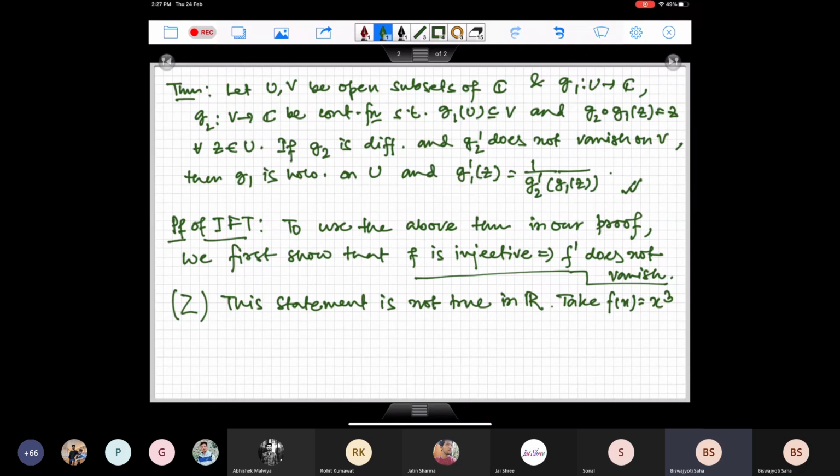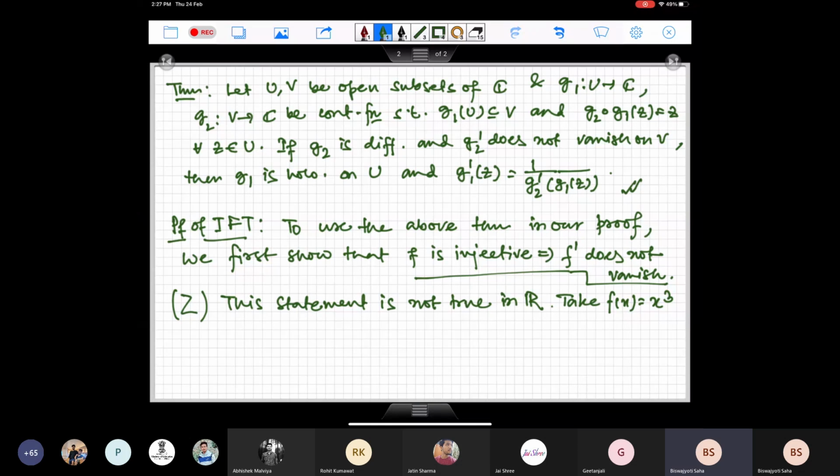Now this particular aspect is often proved using Rouché's theorem, which we have not yet learned. It will come later when we talk about singularities and other things. At that time we will learn about Rouché's theorem, but so far we do not know it, so I'm going to give a proof which will avoid Rouché's theorem.